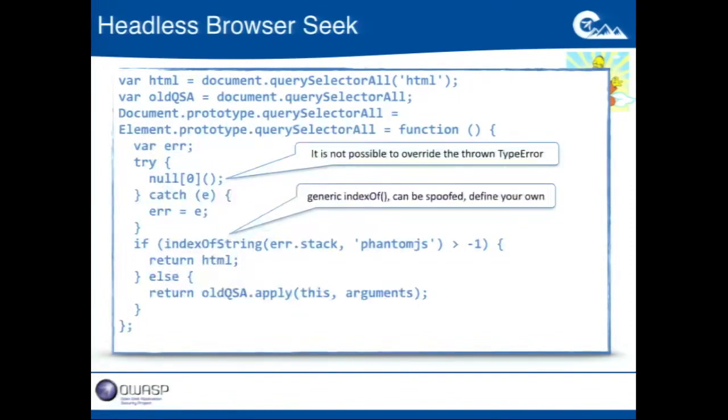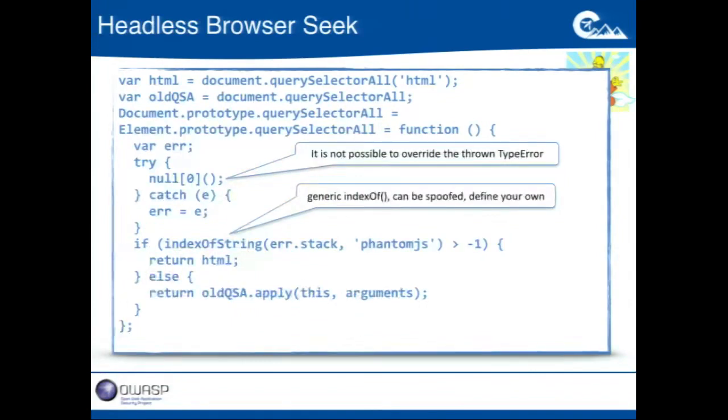We pick a popular API like querySelectorAll, or getElementById, something a Phantom.js script would most likely execute in the web page context, and overload that function. It throws an exception, and we check the stack trace for the presence of Phantom.js.